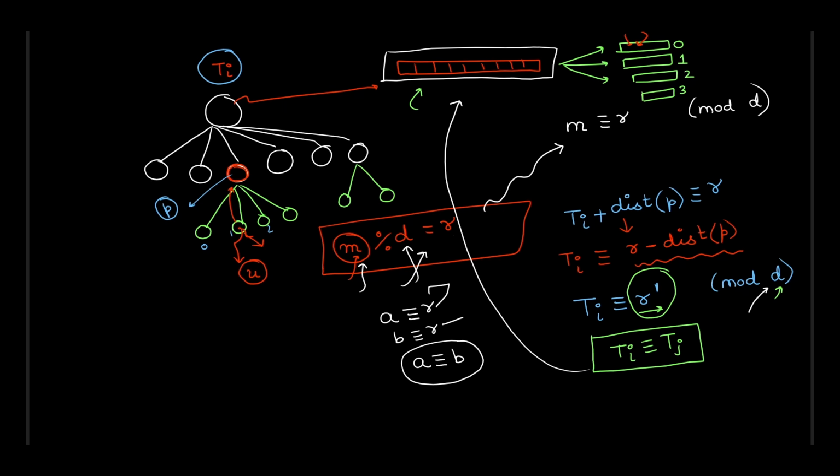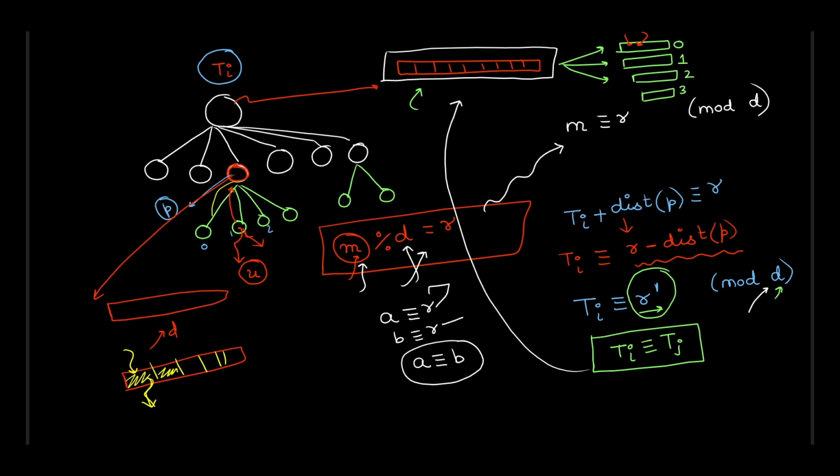Because if at this node you had this bucket and you took modulo D, it will split it into several smaller buckets, right? Now you can see that all the buckets would behave in the same manner because they are essentially equal to each other.